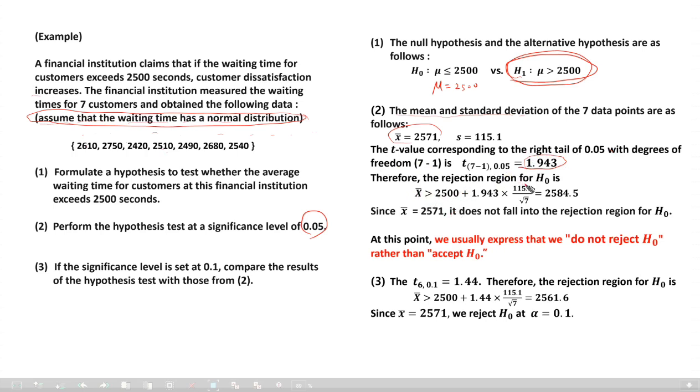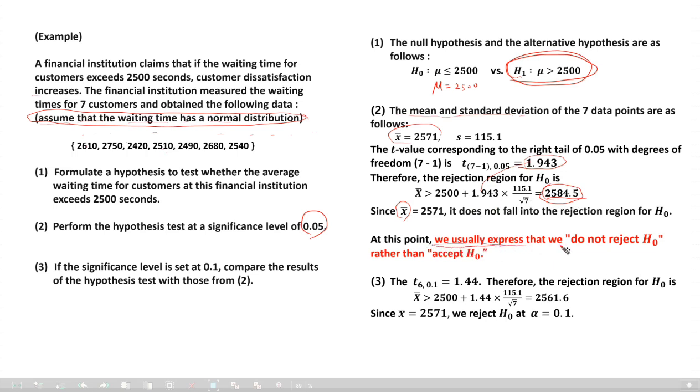Therefore, the rejection region for H0 is x bar greater than mu 0, 2500, plus 1.943 times s over square root n. It is 2584.5. Your sample mean is what? 2571, okay? So it does not fall into the rejection region for H0, because it is less than this critical value. So you cannot reject H0.